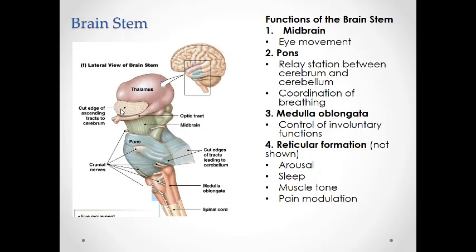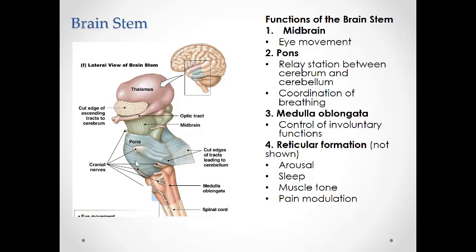Now if we start moving a little bit lower, over here, you have what is known as the brainstem. The brainstem consists of the midbrain, the pons, and the medulla oblongata. Your midbrain, which is this green area over here, is involved with eye movement. The pons is a relay station between the cerebrum and the cerebellum, and it coordinates breathing.